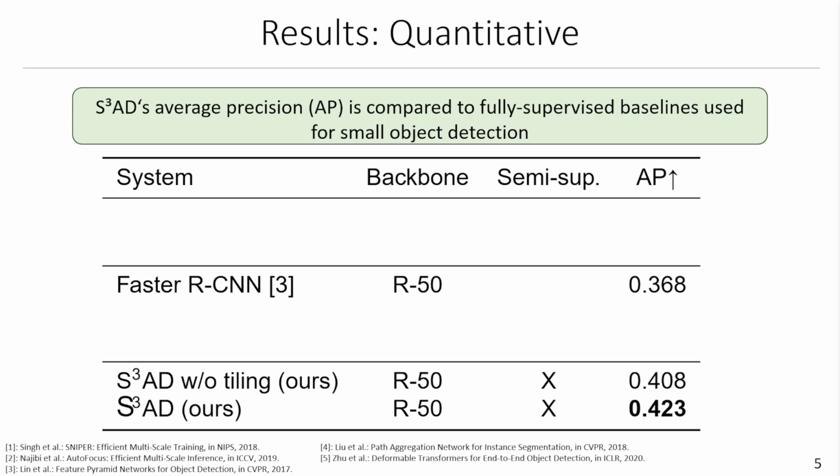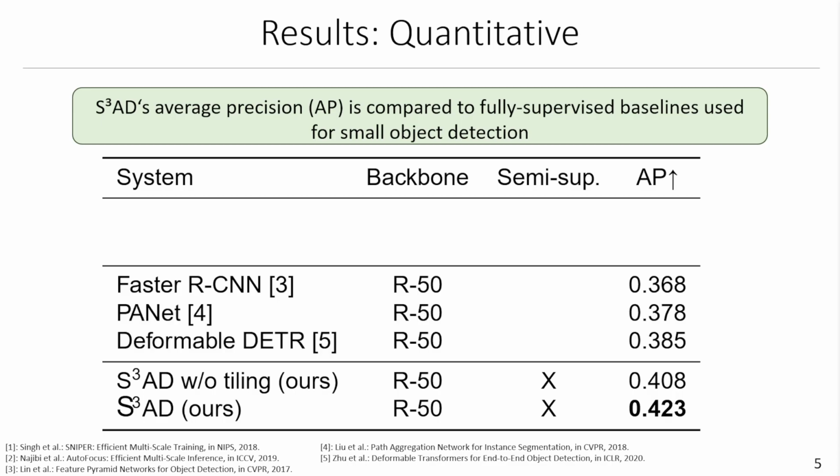Comparing a version of S3AD that only uses semi-supervision and no tiling with the Faster R-CNN baseline shows that semi-supervised learning by itself significantly improves the performance, since it increases S3AD's average precision by 4% compared to the Faster R-CNN baseline. By using semi-supervision as well as selective tiling, the average precision increases by 5.5% compared to the baseline, which represents a significant improvement.